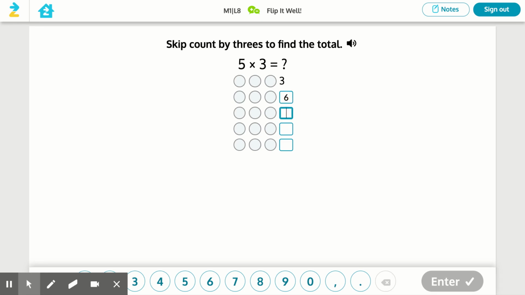You guessed it, 9. What comes next? Tell me in your Nearpod. That's right, 12. And how many total counters do we have? Tell me in your Nearpod, please. That's right, 15.